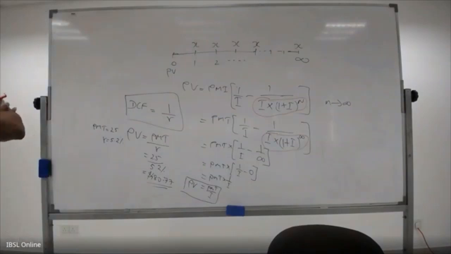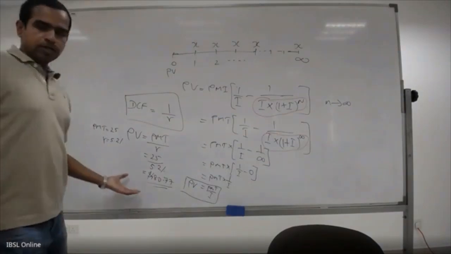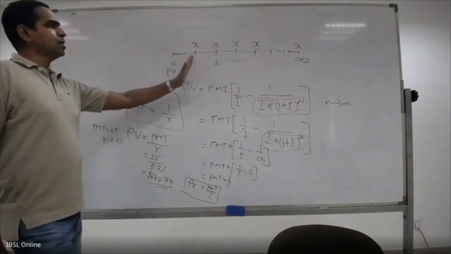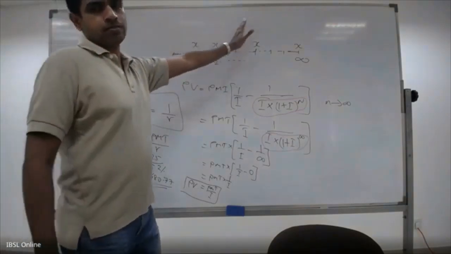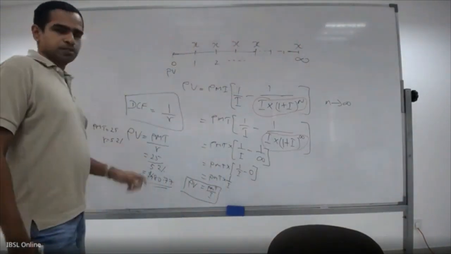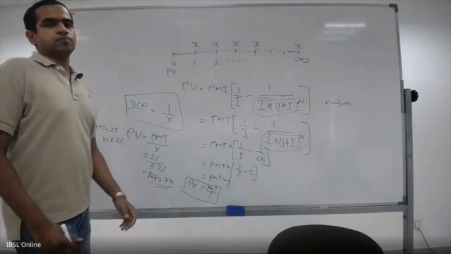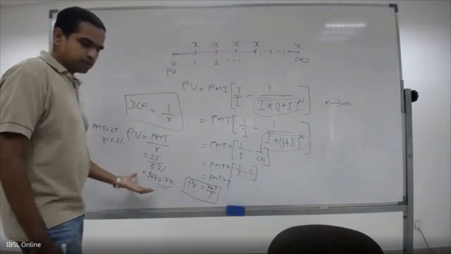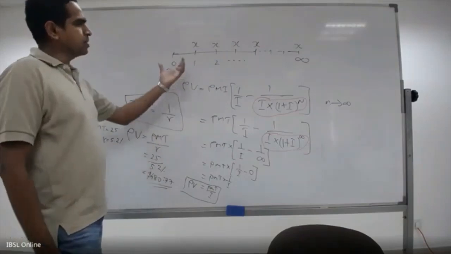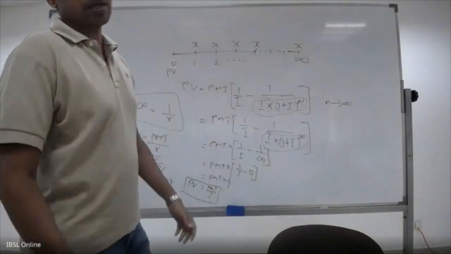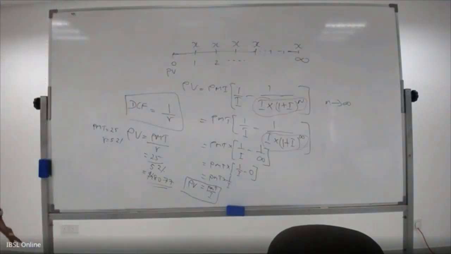The interpretation is that receiving $480.77 today or receiving $25 every year indefinitely at a discount rate of 5.2% are the same, right? So at a discount rate of 5.2%, receiving either $480.77 today or receiving $25 every year for an infinite time period are the same. So that's how you interpret it. Is that clear?